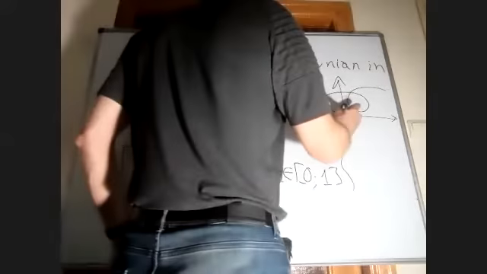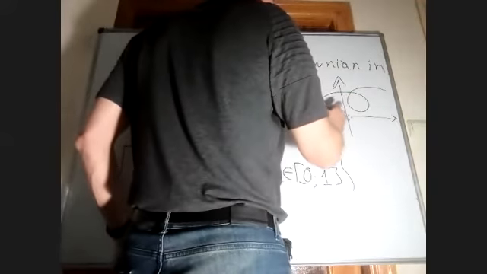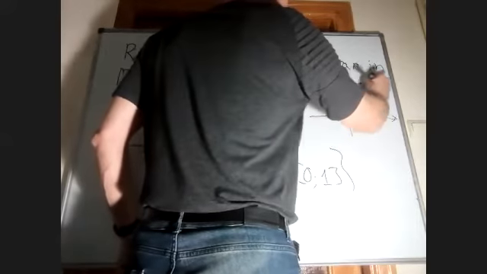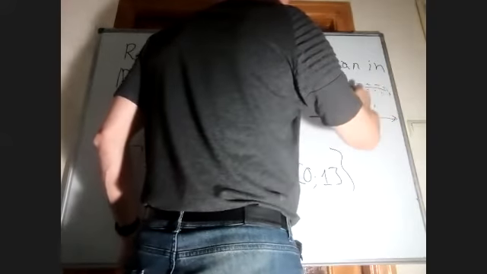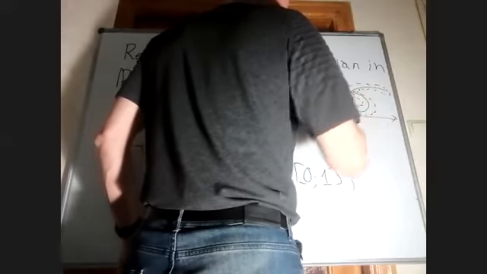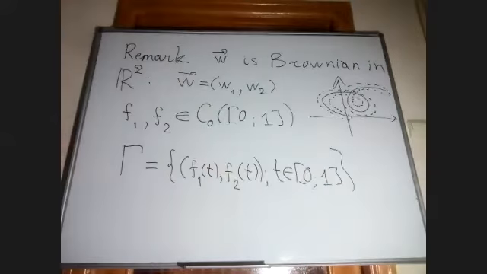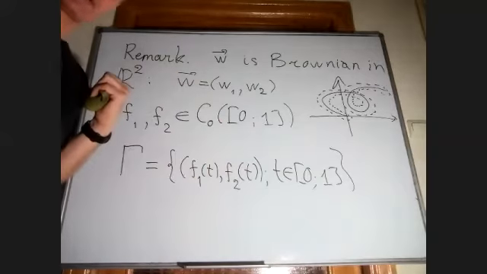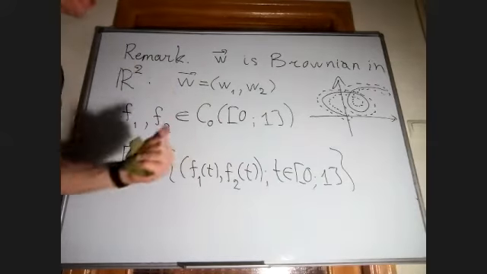So I just draw a small corridor along our curve gamma. What do we have from the previous lemma?